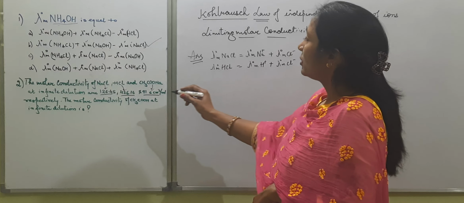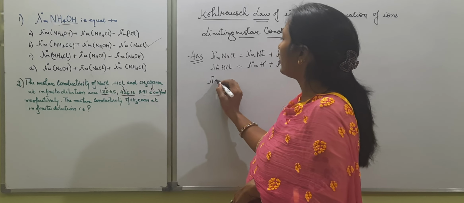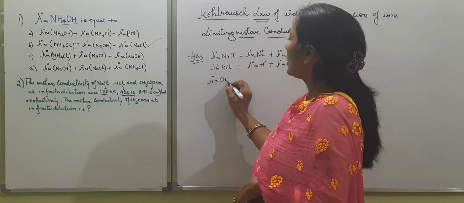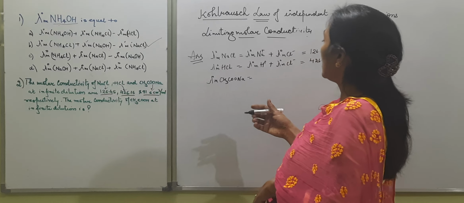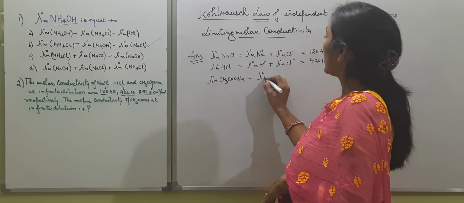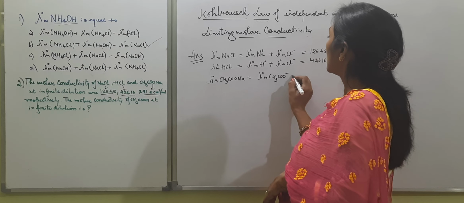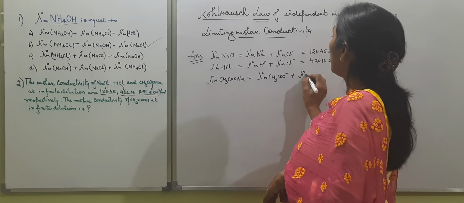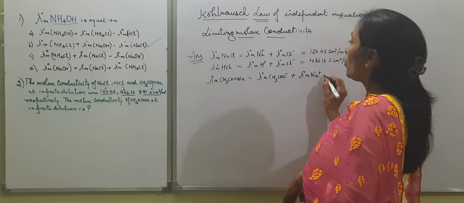Then the sodium acetate is given there, that is the limiting molar conductivity of CH3COONa. It can be divided into two types of ion, that is the limiting molar conductivity of acetate ion plus the limiting molar conductivity of sodium ion. And what is the value here?